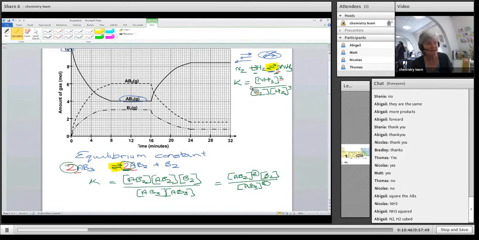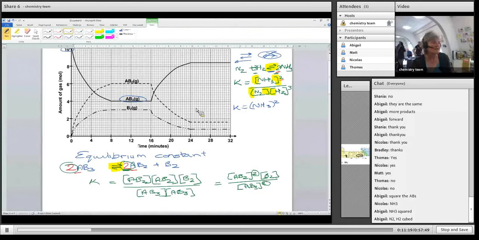The second thing is make sure you use the square brackets to show concentration. So don't write things like K is equal to, and then just use the ordinary brackets, NH3 squared, because we use the square brackets to show concentration of. Once you've substituted a number in there, you can use the round brackets, because you've now put in the concentration.